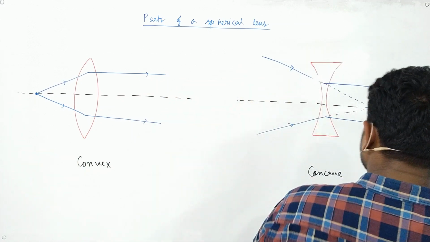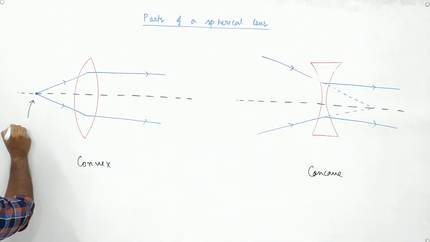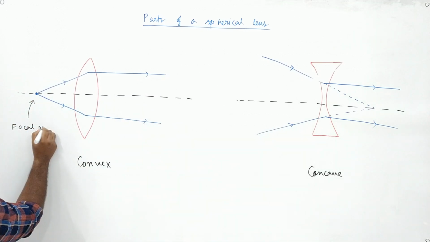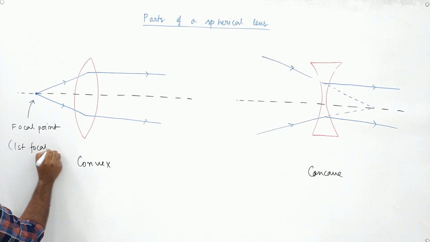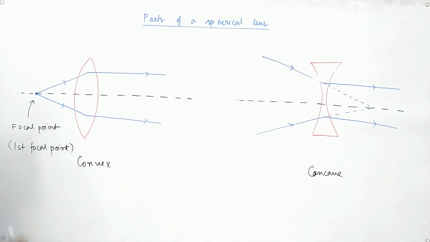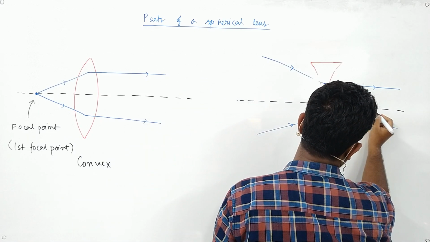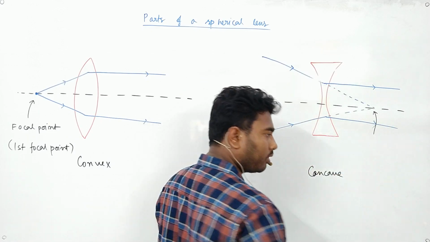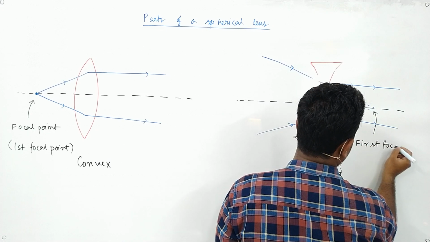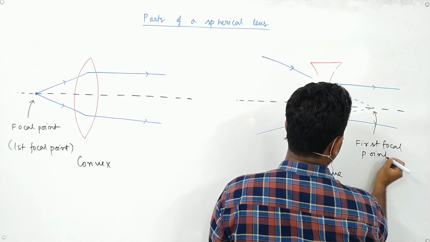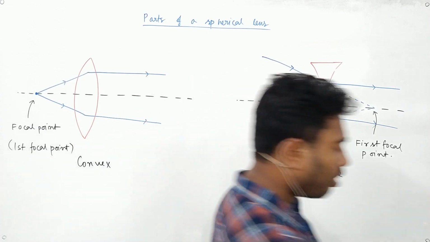This point that we find here is also a focal point. We call this the first focal point. In case of concave also we will call this a focal point and first focal point. So we have got the idea of focal point.